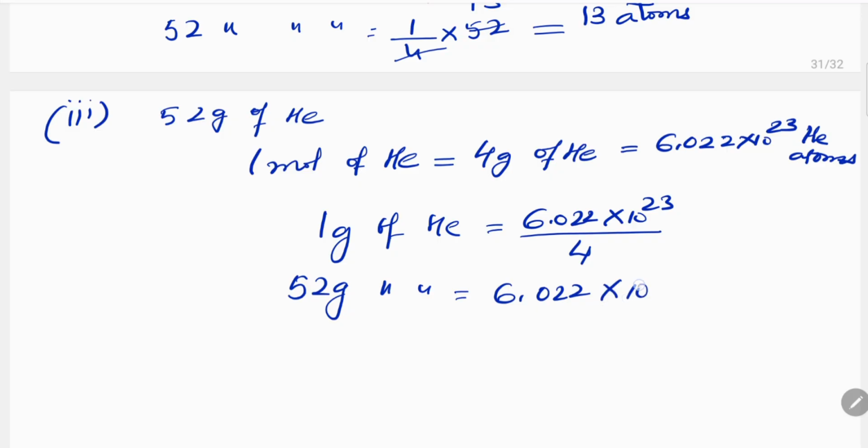So 6.022 into 10 raised to power 23 divided by 4 multiplied by 52. So it is 13 actually. We have already done it, right?